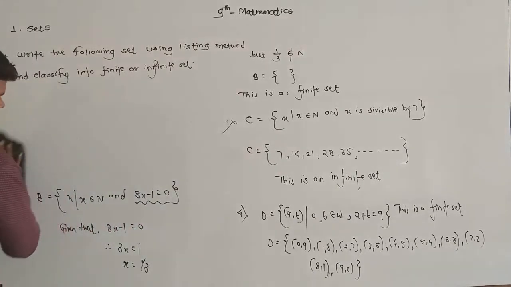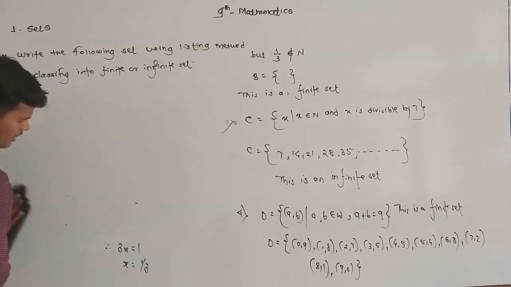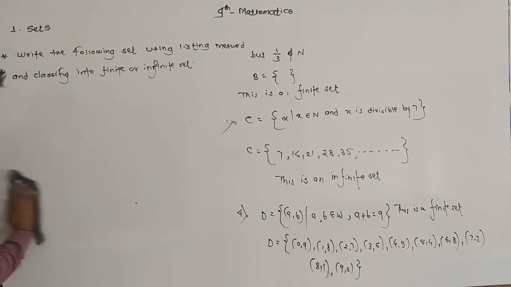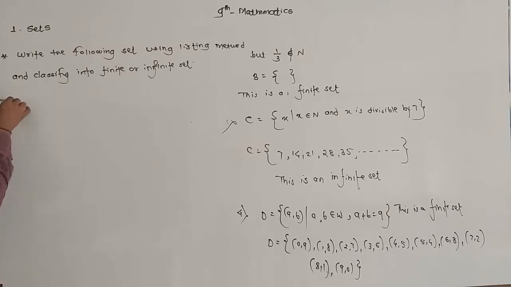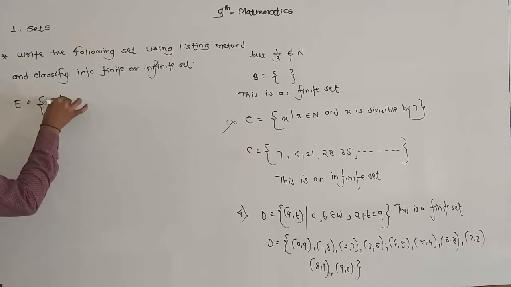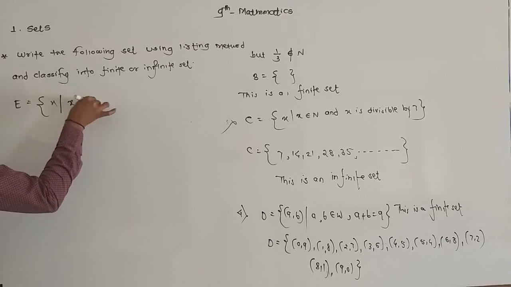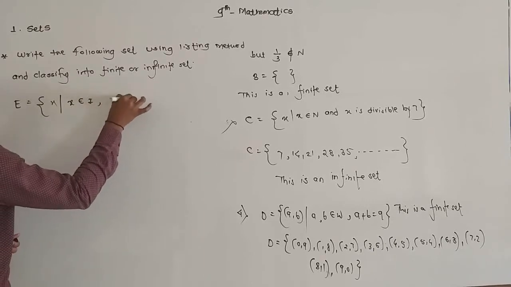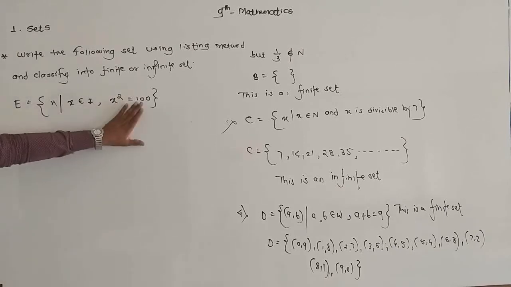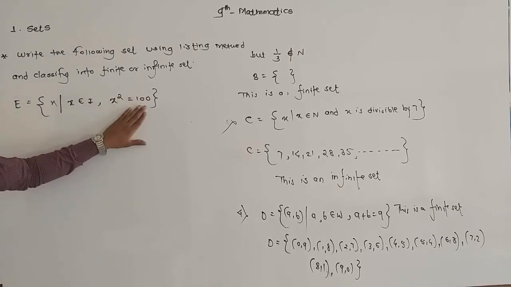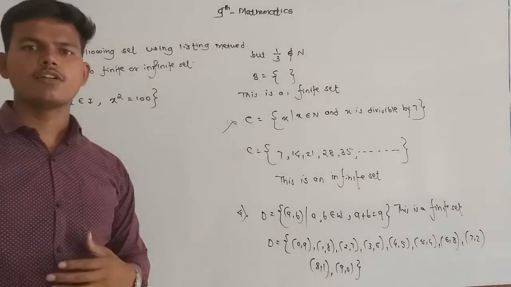Set E is the set of all x such that x belongs to integers, that is x square is equal to 100. So we know, what is the square root of 100? The square root of 100 is plus 10 or minus 10.